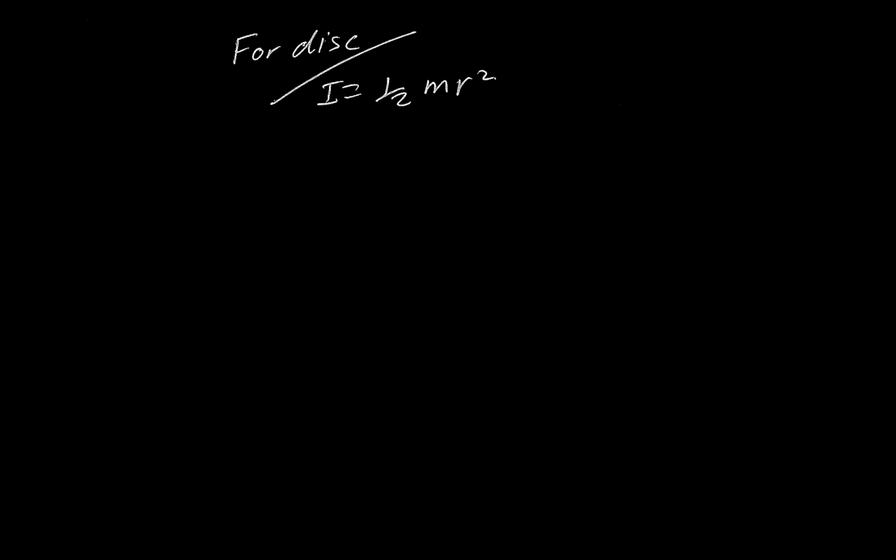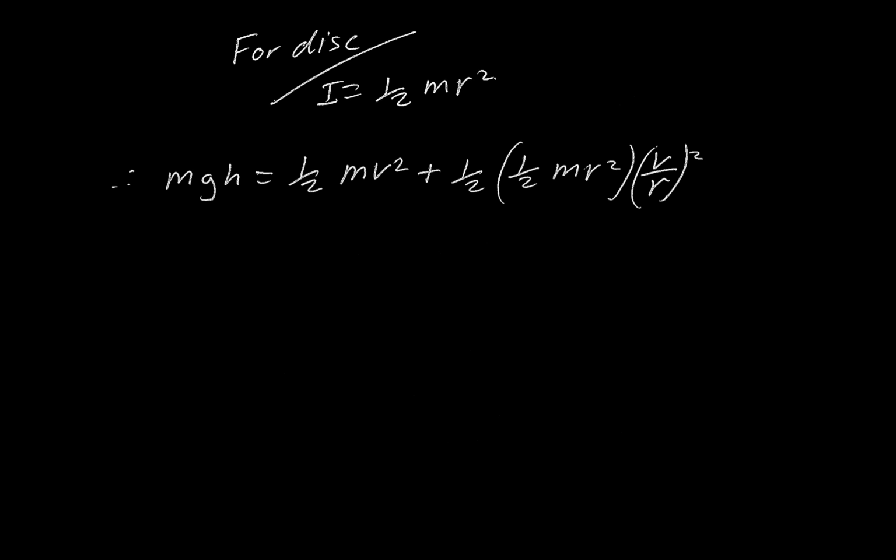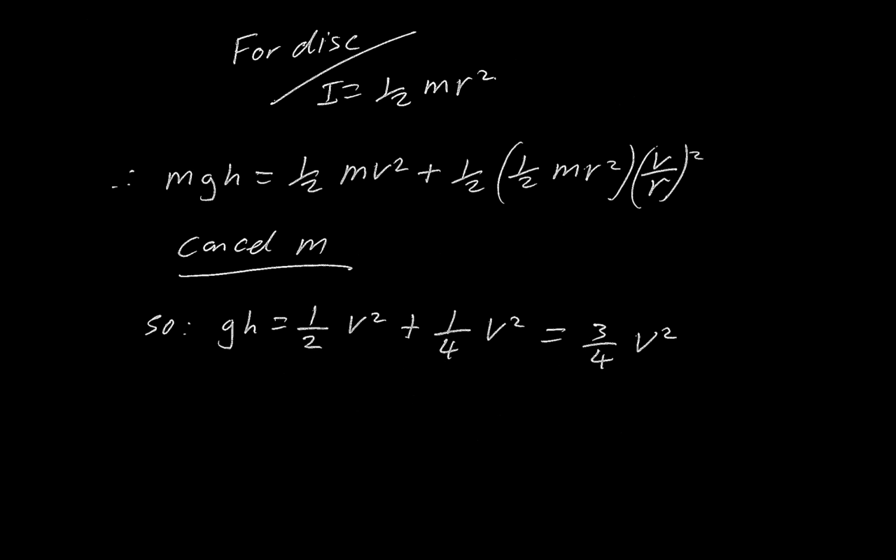That means for the disc, I is equal to 1/2 mr squared. So mgh is 1/2 mv squared plus 1/2 mr squared, which is our I term, times (v over r) squared. Now we've got mass all over the place here, so let's get rid of it. Simplify things a bit. That'll give us gh is 1/2 v squared plus 1/4 v squared. That'll give us a total value of 3/4 v squared equal to gh.